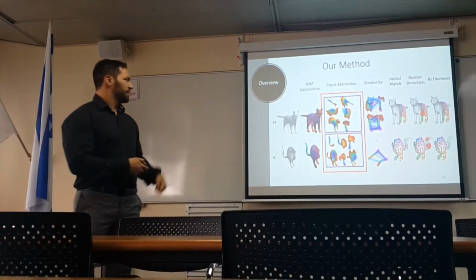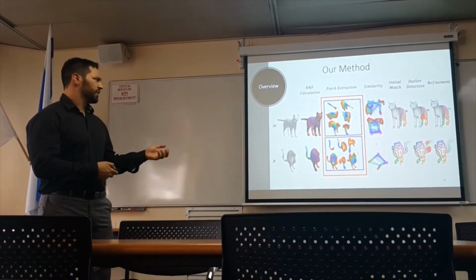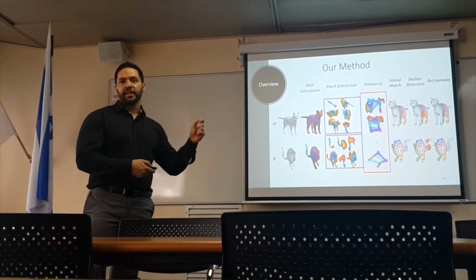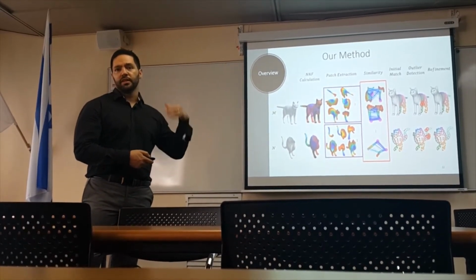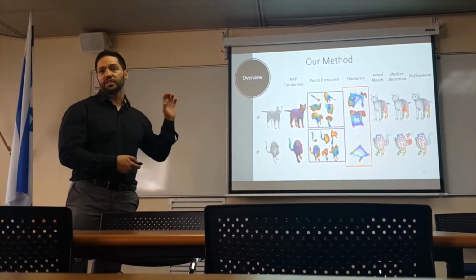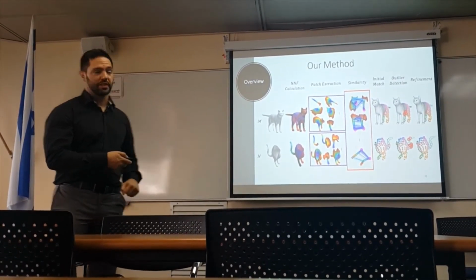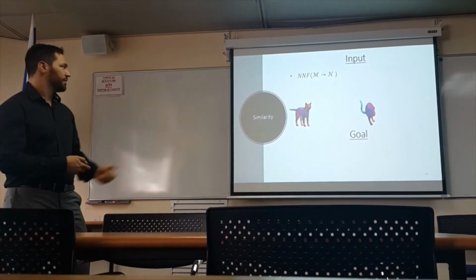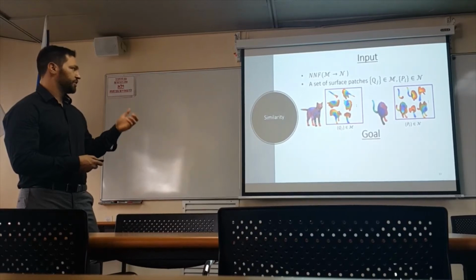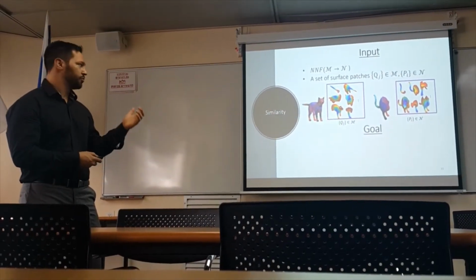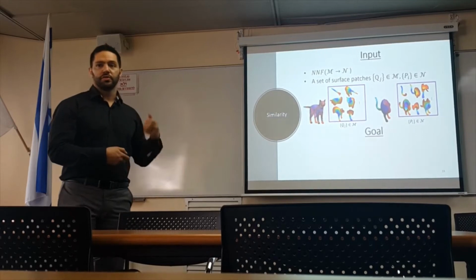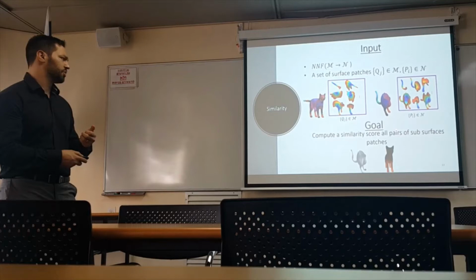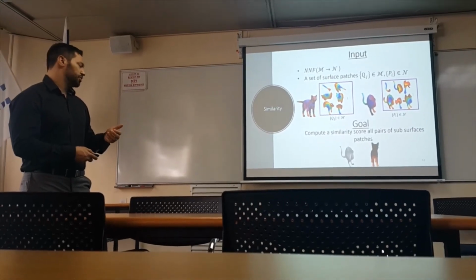Okay, now we have the nearest neighbor field and the patch extraction. We can continue with calculating the similarity. I will go briefly over the key ideas here, and we'll delve more deeply into it after I finish the pipeline, because this is the main part of our work. So the input, we have our nearest neighbor field, and we have the set of surface patches. We call them QJ for the full part and PI for the partial surface. And we want to compute a similarity score, which maximizes when the correspondence is correct.